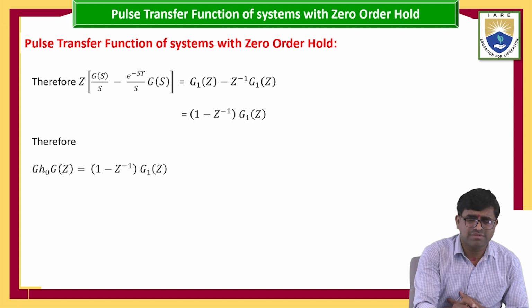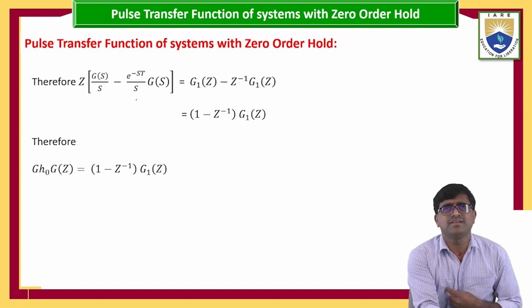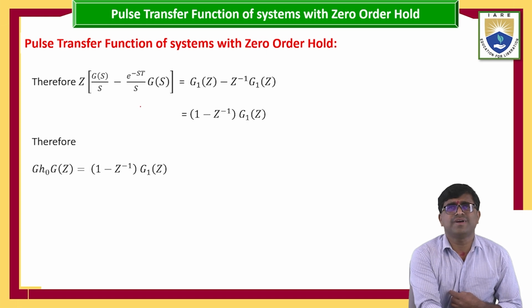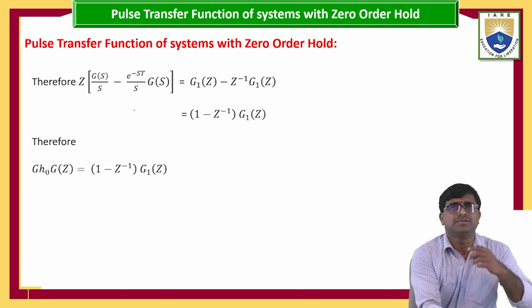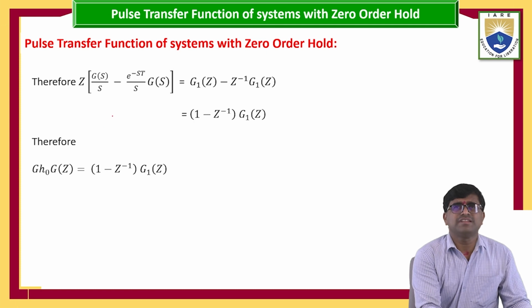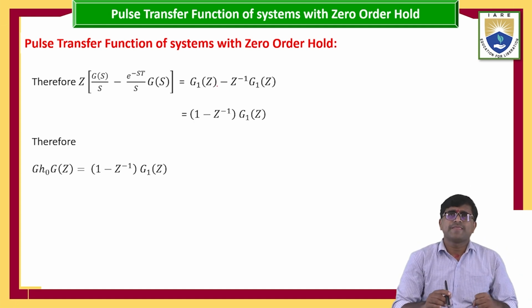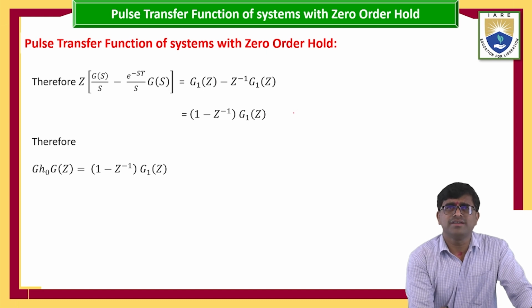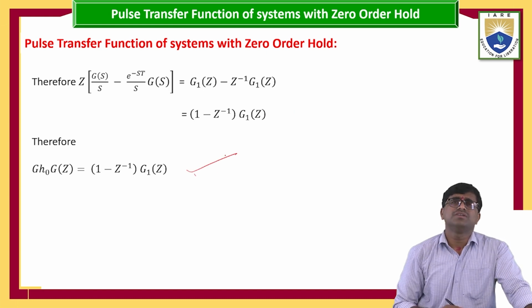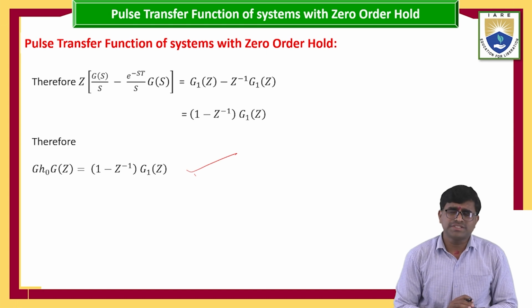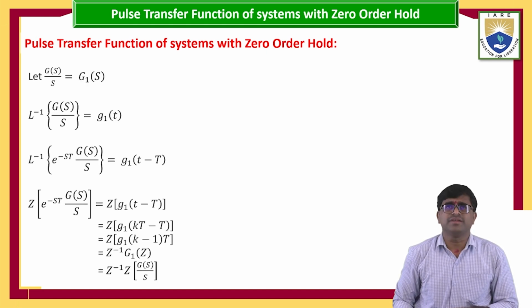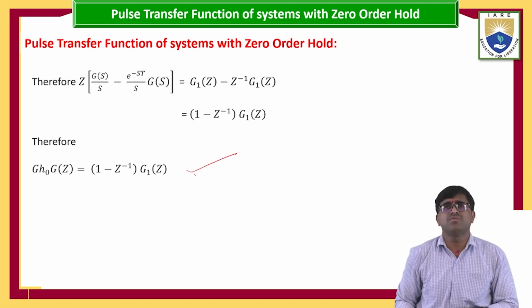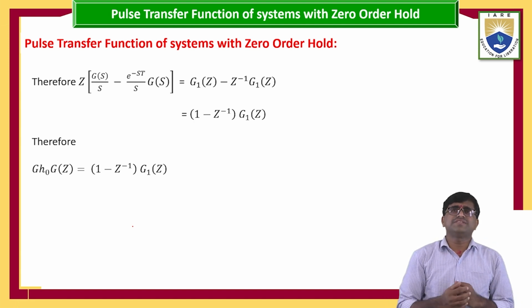So we get the Z transform of this part, G of S by S minus e power of minus sT by S into G of S. The G of S by S is nothing but G1 of Z, and e power of minus sT is Z inverse times G1 of Z. Taking G1 of Z common, we get the transfer function of the system with zero order hold.